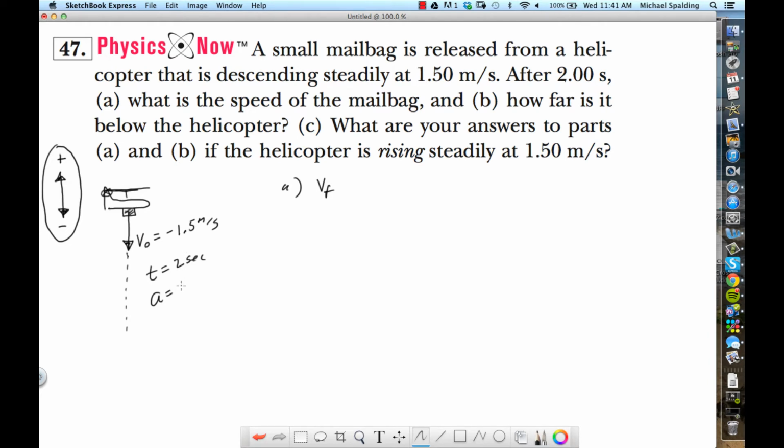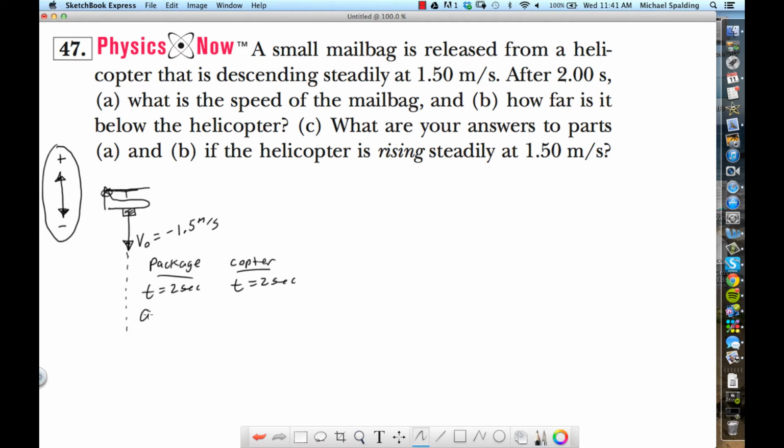Okay, so the acceleration of the package. So let's make this real clear here. I'm going to set it up like this. So we're going to keep track of our data for the package and the copter. The time is going to be 2 seconds for the package, and it's also going to be 2 seconds for the helicopter.